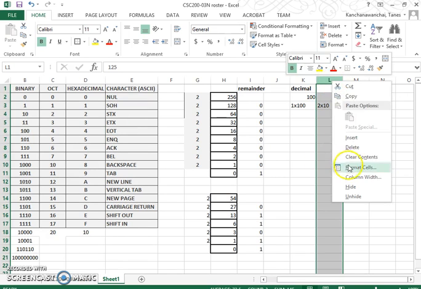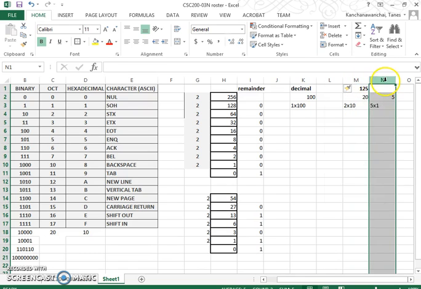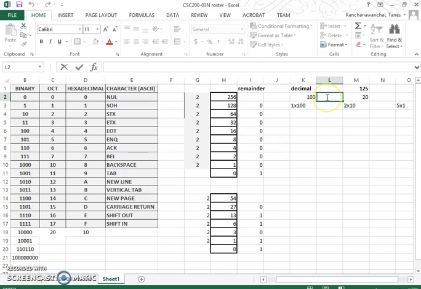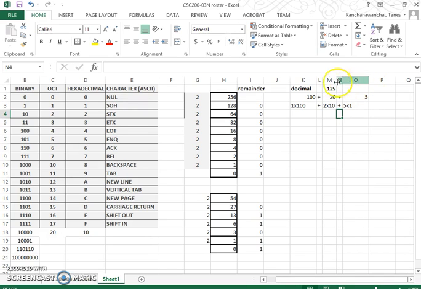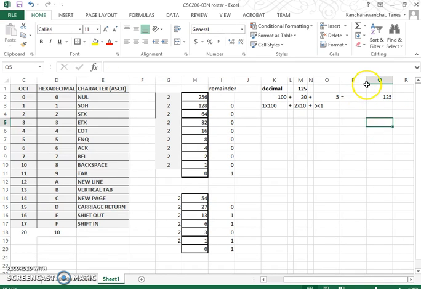Then you get 125, correct? Because if you learn your algebra exponents, this is going to be the sum. So after you sum this up, this should equal 125.